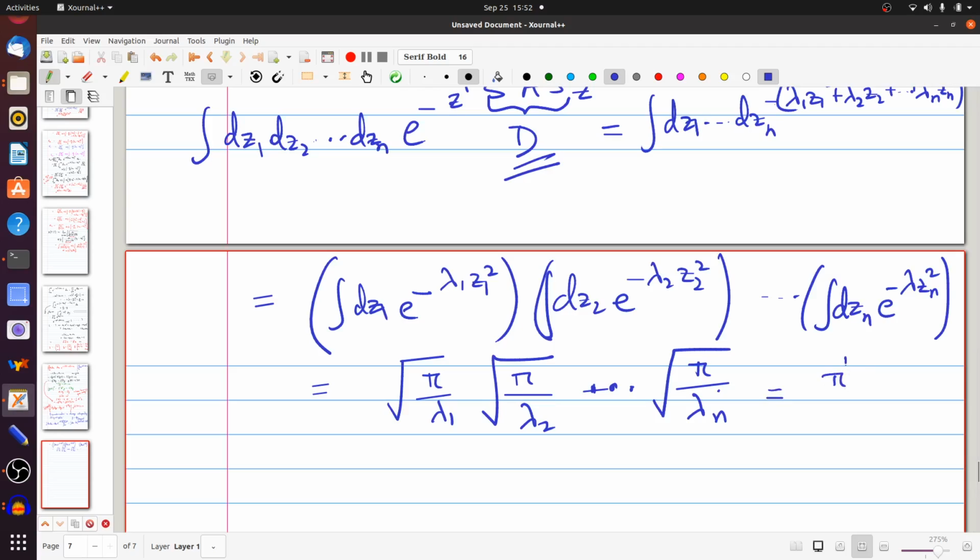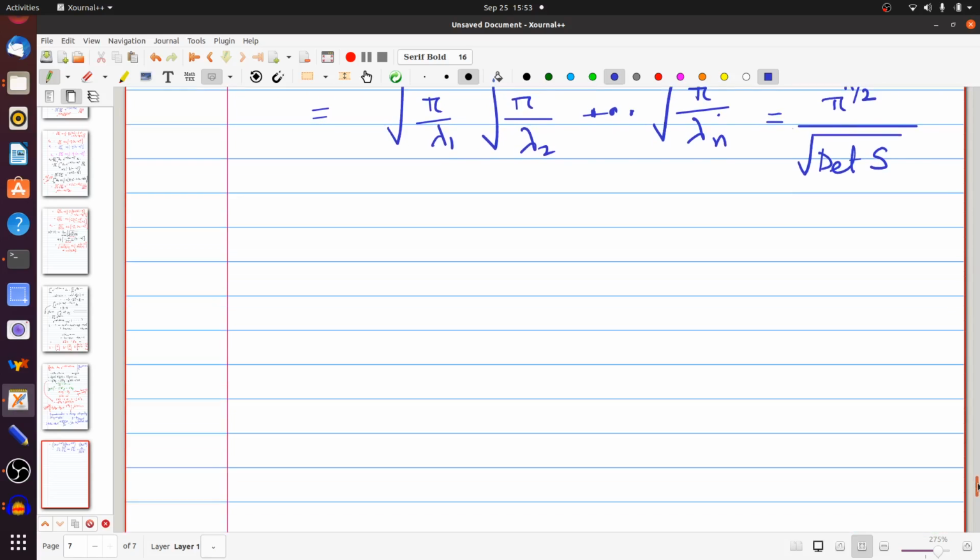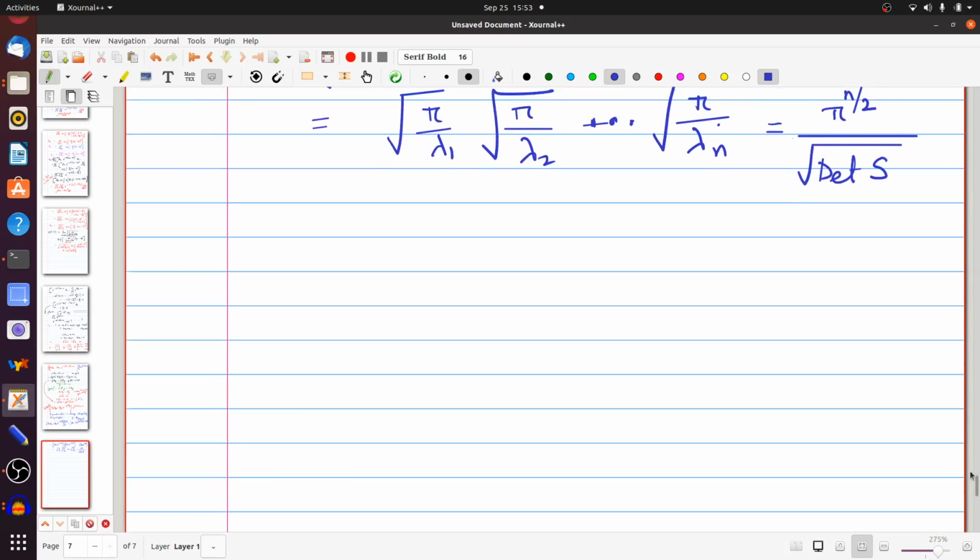But once you make that assumption, you get pi to the n by 2 in the numerator. In the denominator, you get the square root of the product of all the eigenvalues, which of course is nothing but the determinant of the matrix. So, the final result does not require you to actually know all the individual eigenvalues and eigenvectors. All you really need is the determinant.